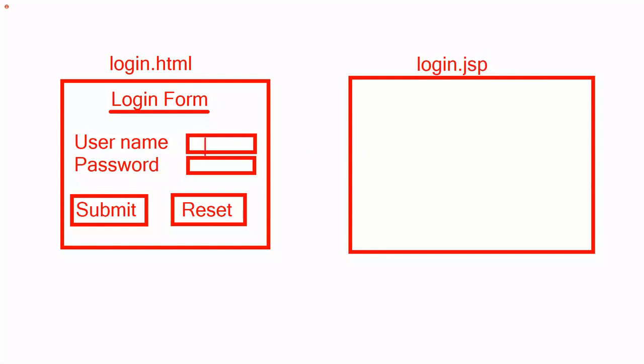Suppose this box name is uname, this box name is pword.